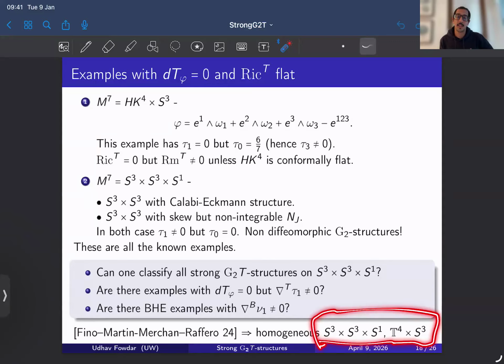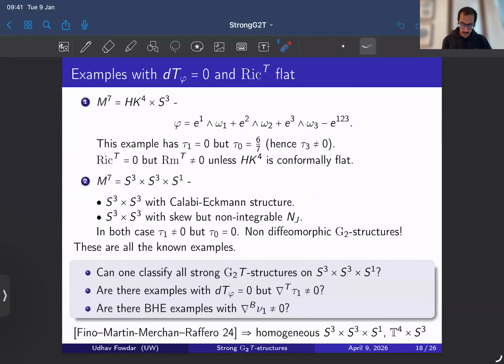These are the only homogeneous examples. But it doesn't say that in each case the G2 structure has to be unique. And in fact, there exist two examples. There are more examples you can cook up by doing some rotations of the complex volume form. So there are more examples, but they're not classified. So even on these spaces, there can be more than one example.